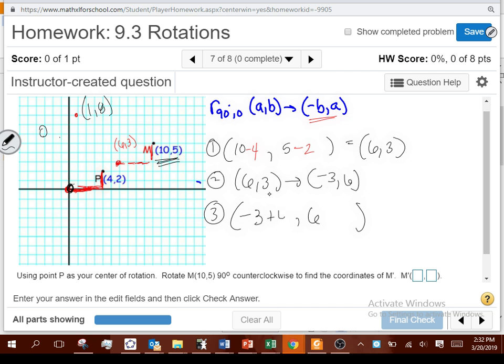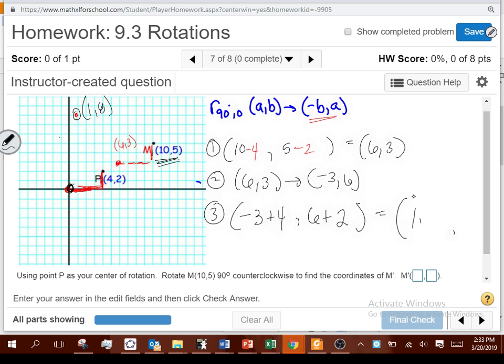So we add back in a 4 and a 2, and that effectively moves this back to the right 4 units and up 2 units. And what do we get when we do this algebra? What's negative 3 plus 4? 1.